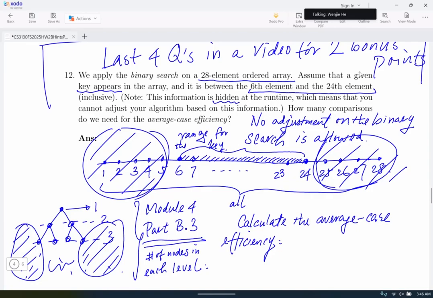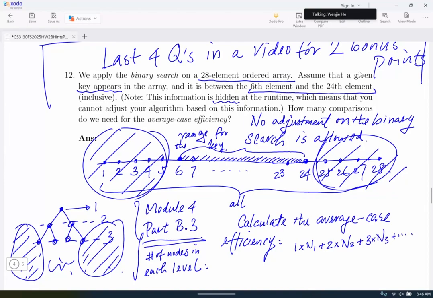So then, 1 comparison times the number of nodes in level 1, plus 2 comparisons times the number of nodes in level 2, 3 times the number in level 3, and so on.